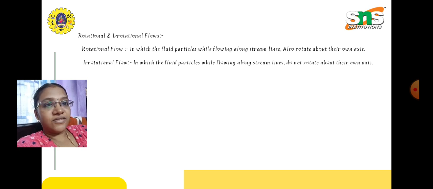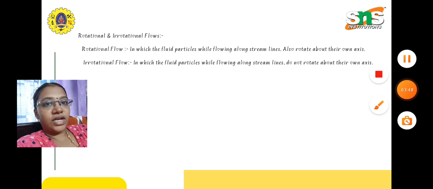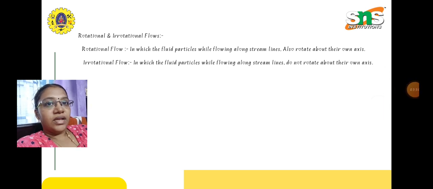So this is the difference between rotational and irrotational: when the fluid flows along a streamline and rotates about its own axis, we call it rotational. When it does not rotate, we call it irrotational.